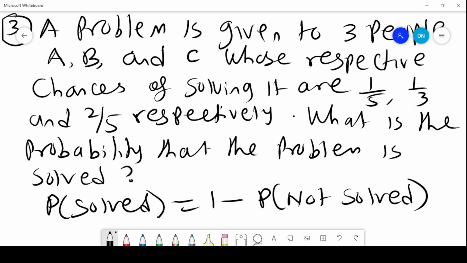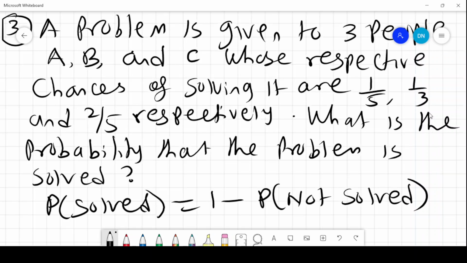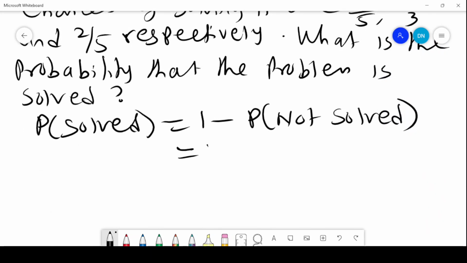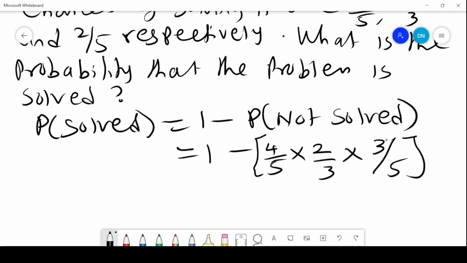And since the probability of solving for each of the persons is independent of the other, we can write this as 1 minus the probability of A not solving it, which is 4 over 5, because the probability of solving is 1 over 5. The probability of B not solving it is 2 over 3, and the probability of C not solving it is 3 over 5.